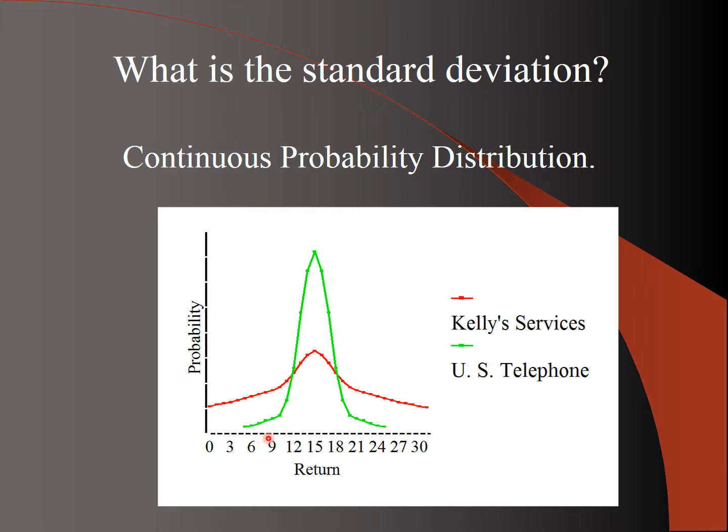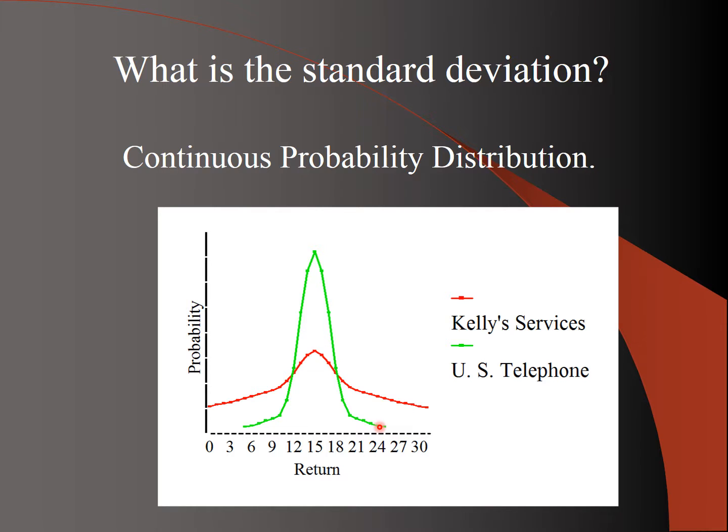And again, with a continuous distribution, if we allow for every possible return for US Telephone and its associated probabilities, you get a curve that looks something like this, the green here, and you see it's much narrower than what you have with Kelly Services.